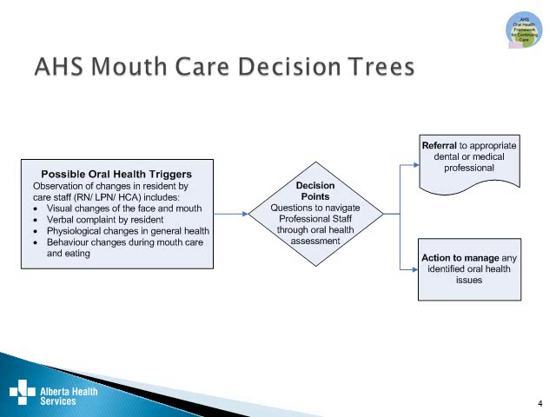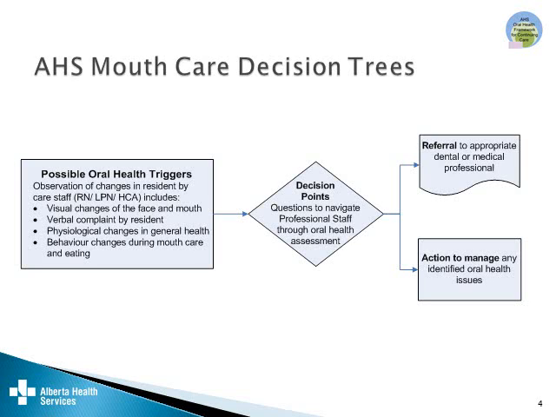The decision trees are designed to assist in the identification of potential oral health triggers by all long-term care staff. Once an oral health trigger is identified, it is reported to the RN or LPN responsible for that resident.